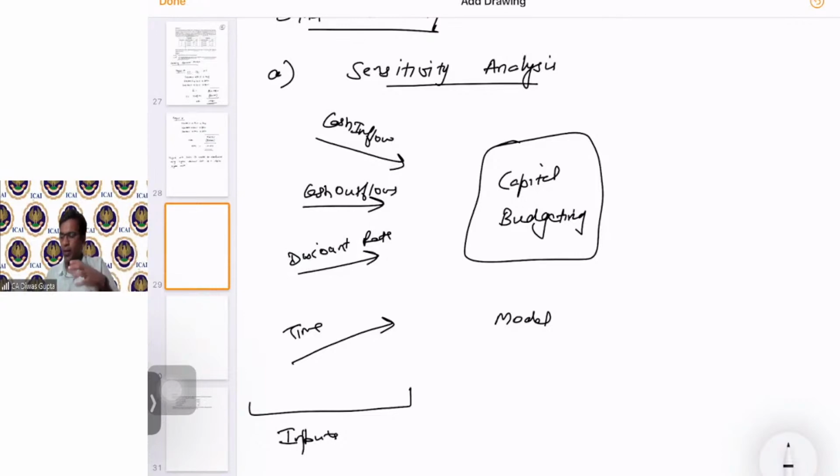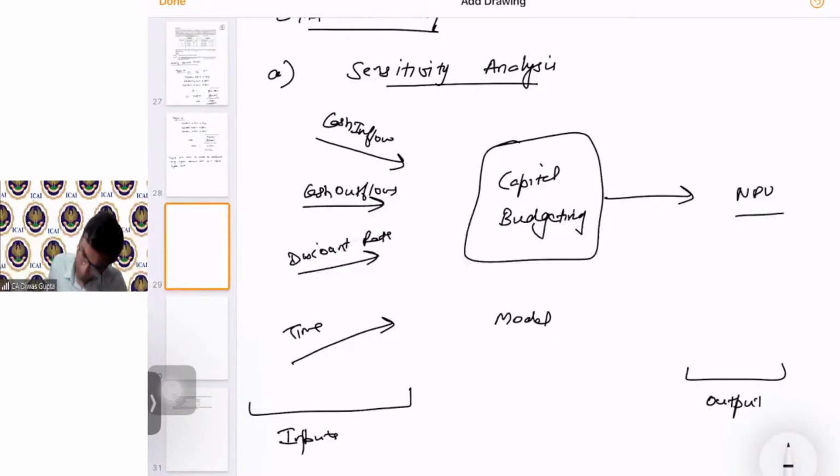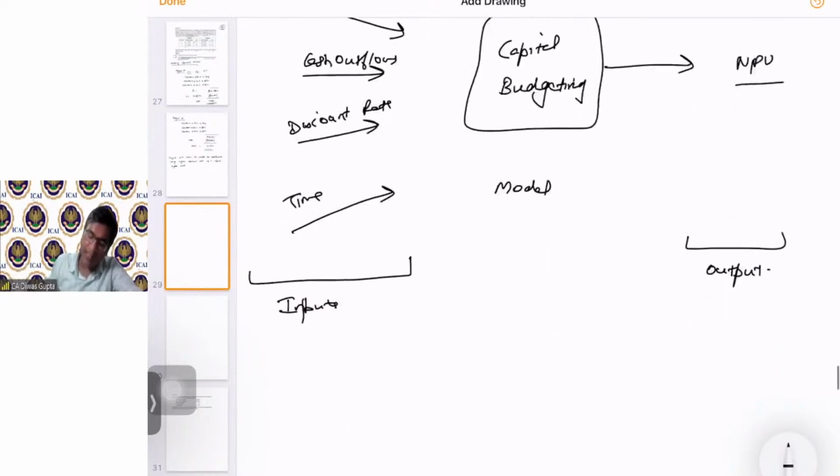And once this model is there, it will throw something called as NPV as an output, correct? Okay. This is what capital budgeting is. It is a model in which some inflows go and it helps in calculating the NPV as an output.